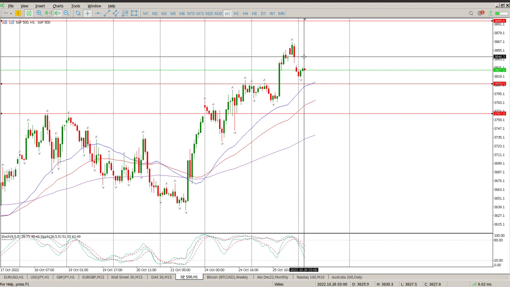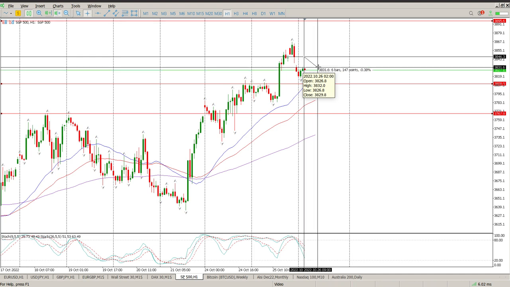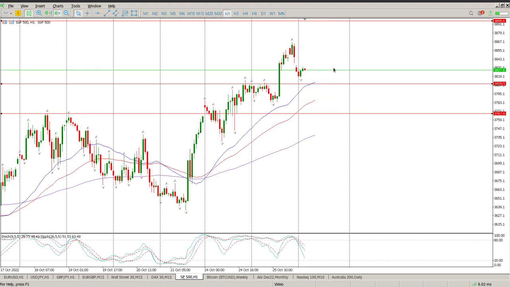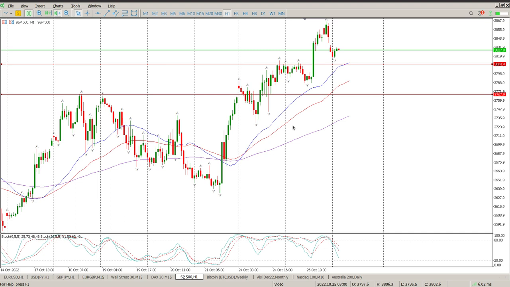Not a big drop, well, relative to the market that we've been trading. So it's pretty much almost a 0.5% drop. So nothing earth-shattering as far as I'm concerned, but this exhaustion bar above this level is also interesting.